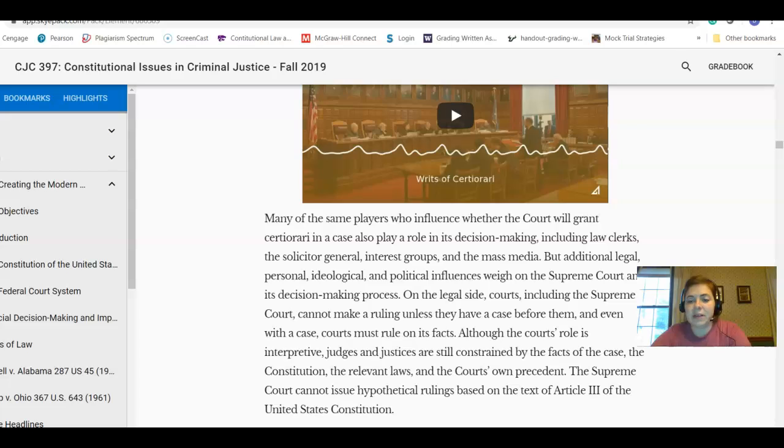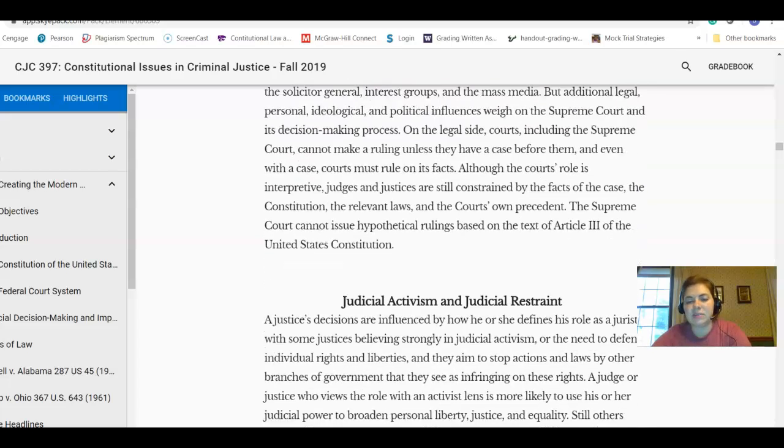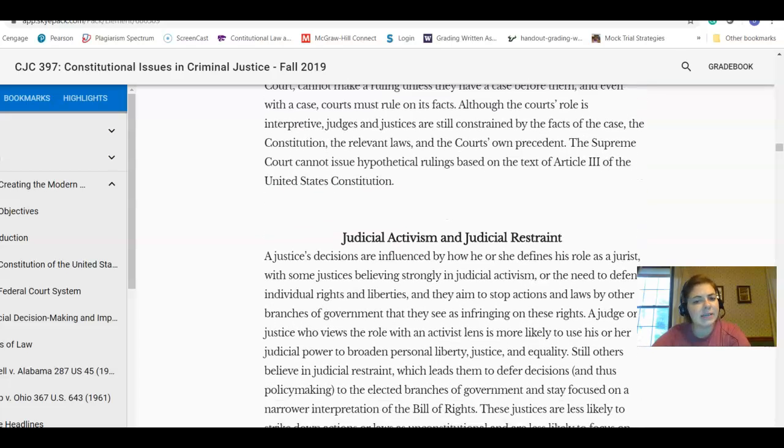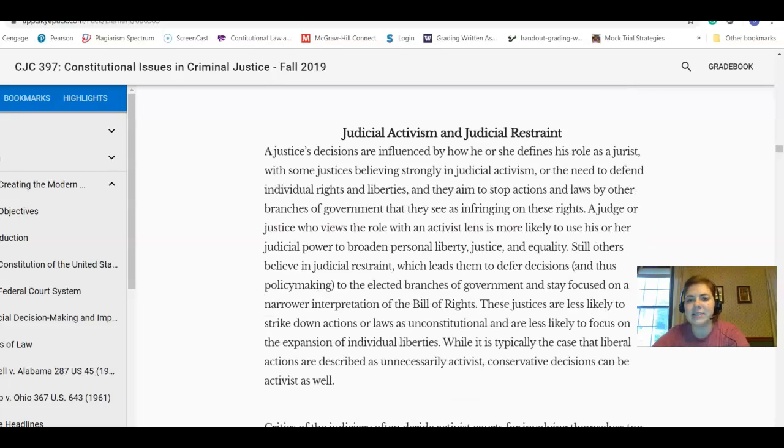After justices write these opinions, there are all these mechanisms to deal with how they're deciding things and why they're deciding these things. There are two predominant classifications for justices, either as a judicial activist or a justice who believes in judicial restraint.